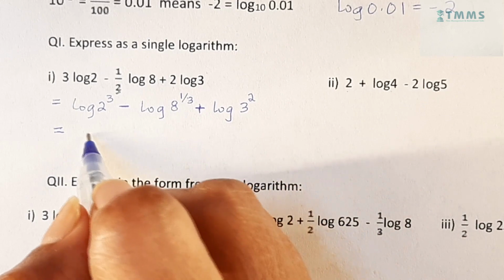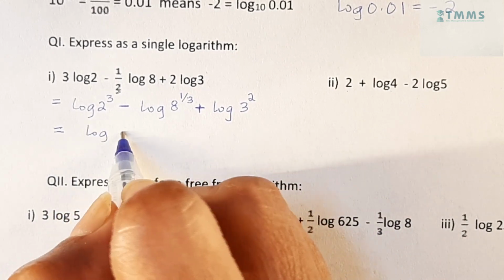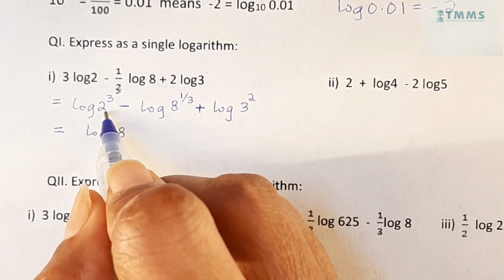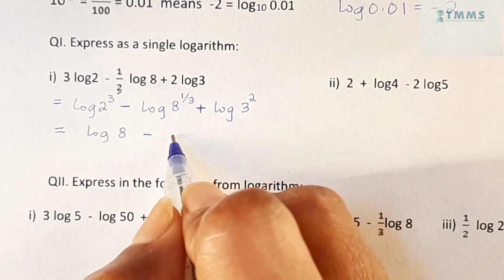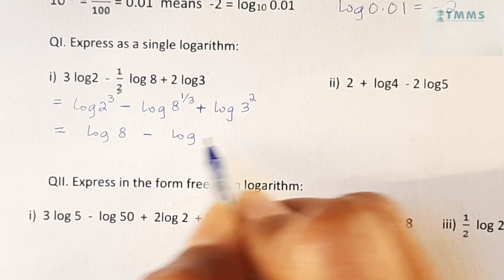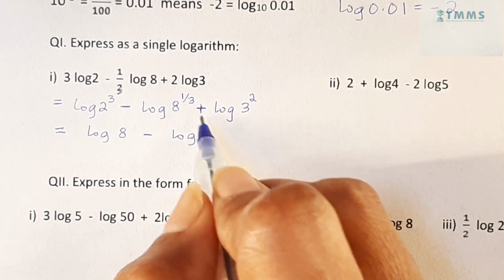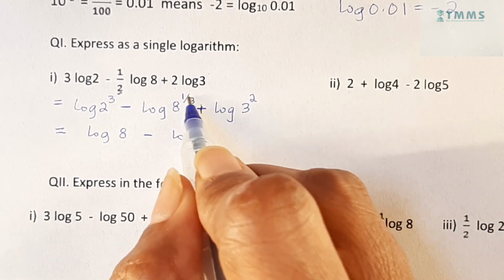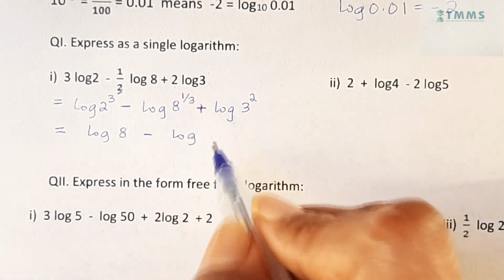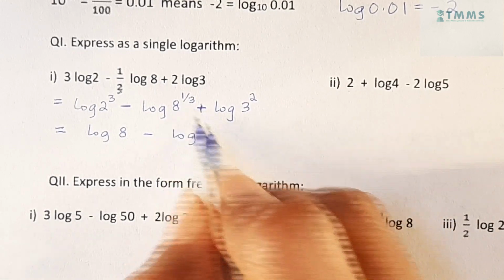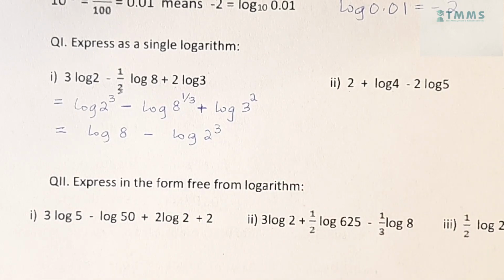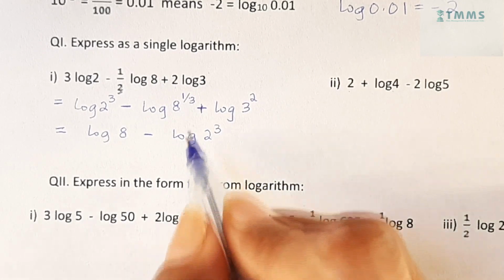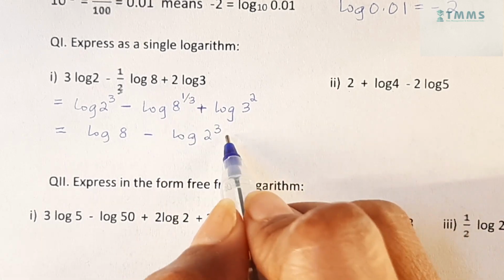We have, this becomes log 8 because 2 to the power 3 becomes 8, minus log of 8 to the power 1/3. Because we have 1/3 as the fractional index, we will write this 8 as 2 to the power 3, and 2 to the power 3 is raised to the power 1 upon 3.